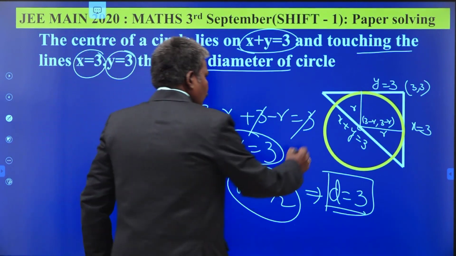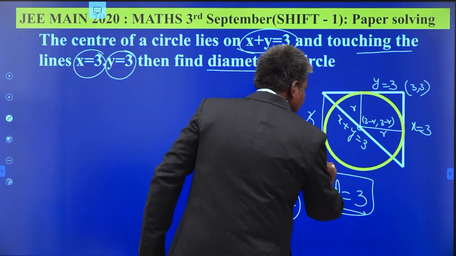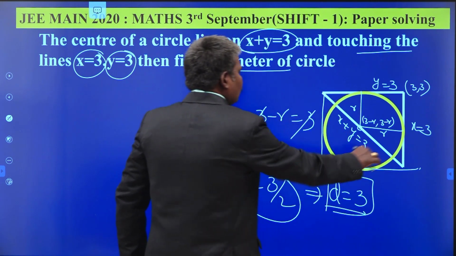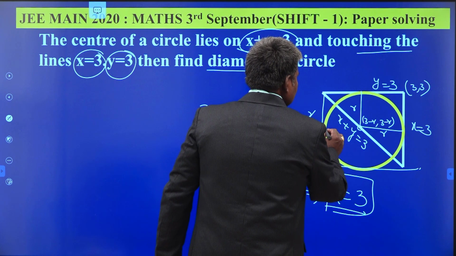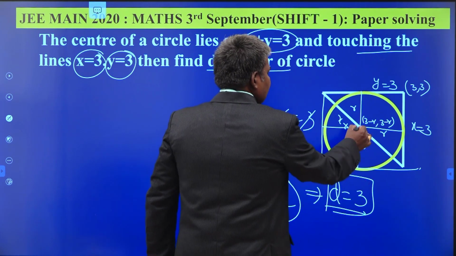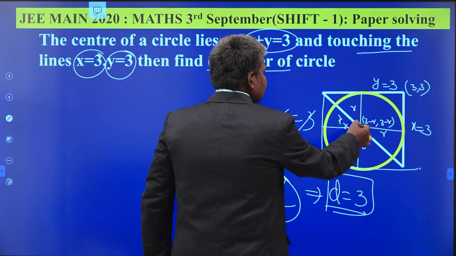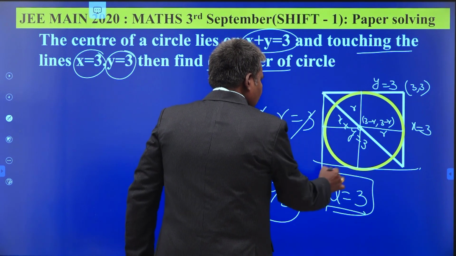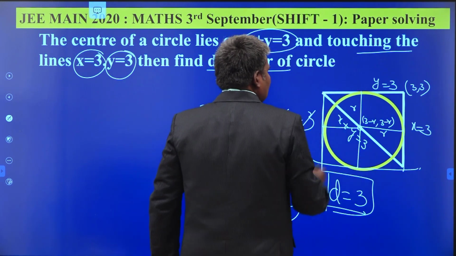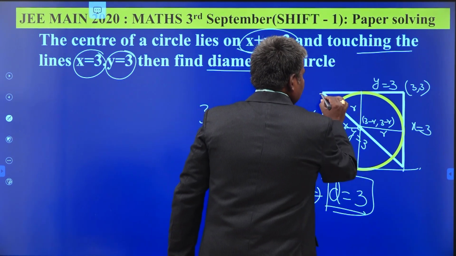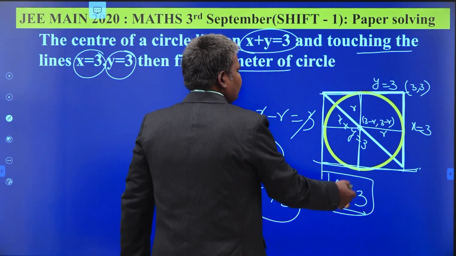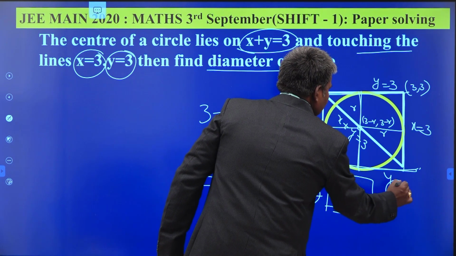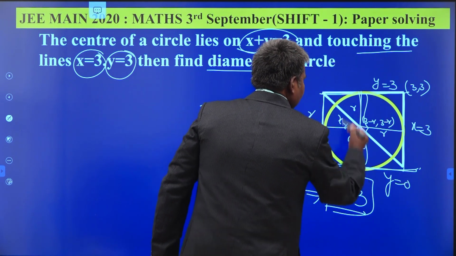Or we can draw the lines parallel in this manner. This is the line that touches both the coordinate axes, having radius 3 by 2 units, because if it is r units, this is r units, then the two lines which are parallel touch the circle. The distance between these two lines gives the diameter itself. So the length of the diameter from y equal to 0 to y equal to 3 is itself 3.